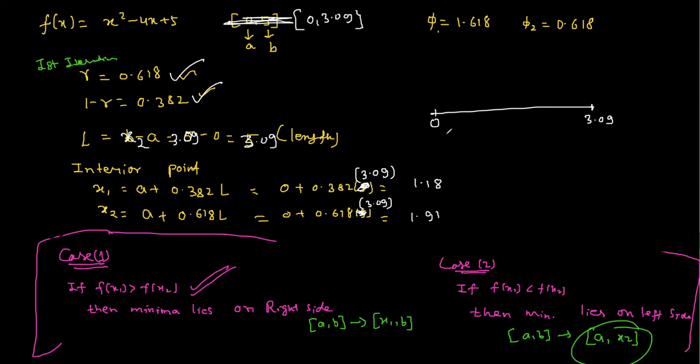So whatever you are getting, it is greater than 0 and less than 3.09. Why? Because these are interior points. Understood? And the value at 1.18, when you put here, is 1.6724.